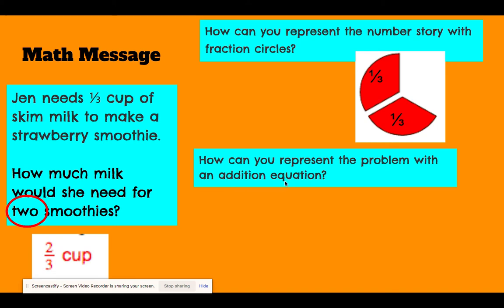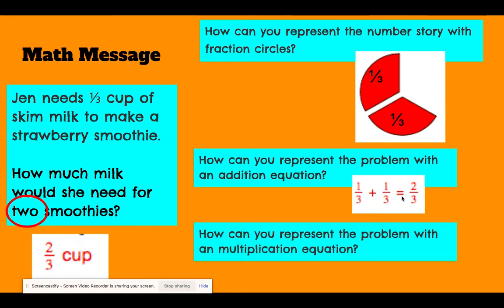How can you represent this problem with an addition equation? That's probably what you did in your head. She needs 1/3 cup of skim milk to make a smoothie, and if she needs 2 smoothies, then 1/3 plus 1/3 equals 2/3. How can you represent this problem with a multiplication equation?